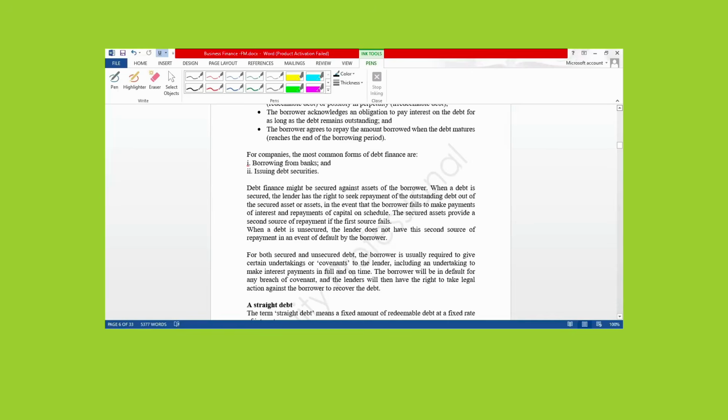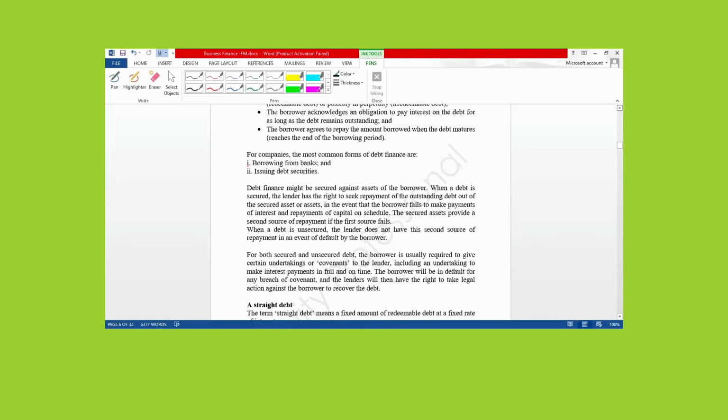What we are trying to say is, if a company wants to use debt finance, you want to borrow money, you are going to check, do you have non-current assets, tangible assets that you can use as collateral?